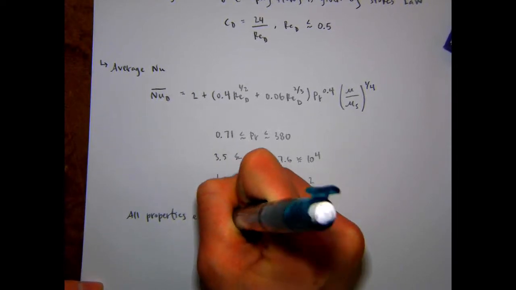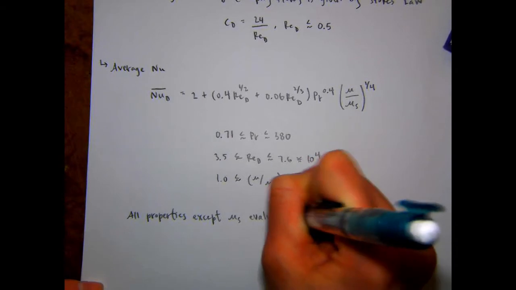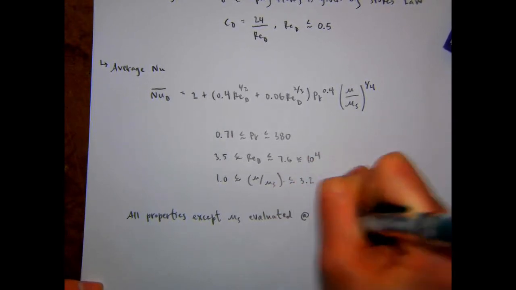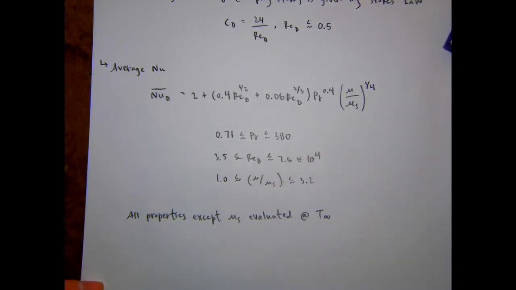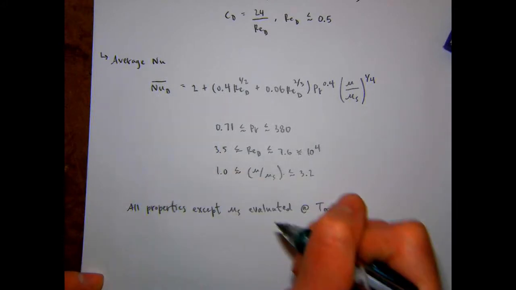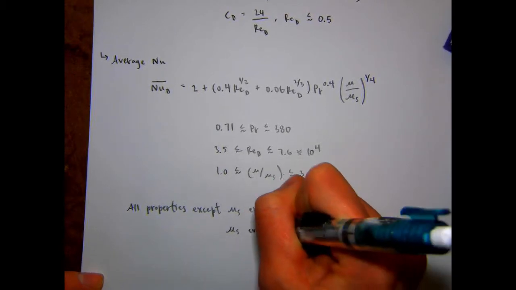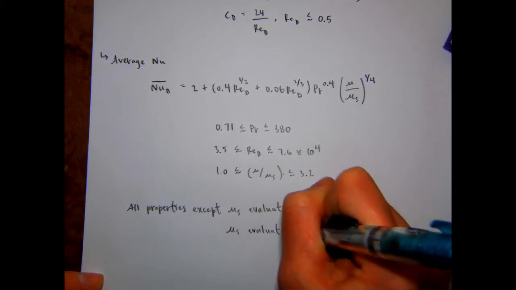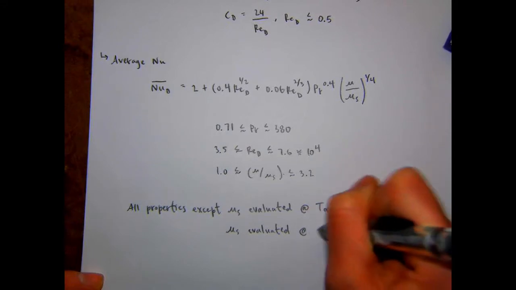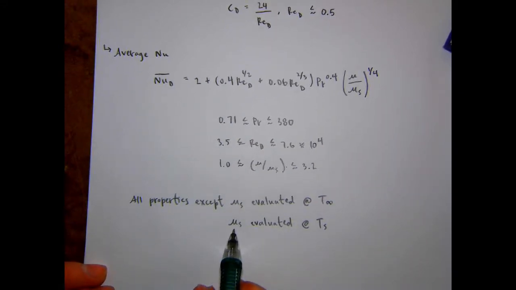So all properties except mu sub s are evaluated at T infinity. And then mu sub s is evaluated at the surface temperature. So the fluid viscosity at the surface temperature.